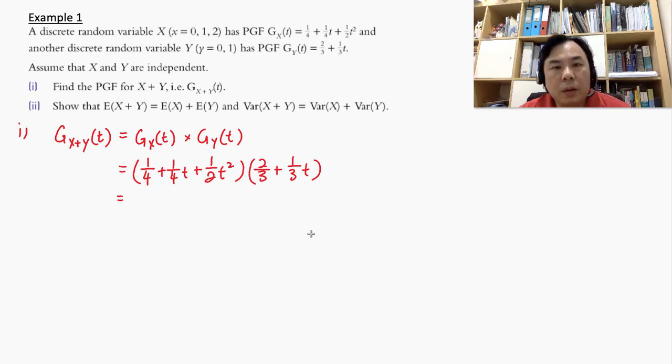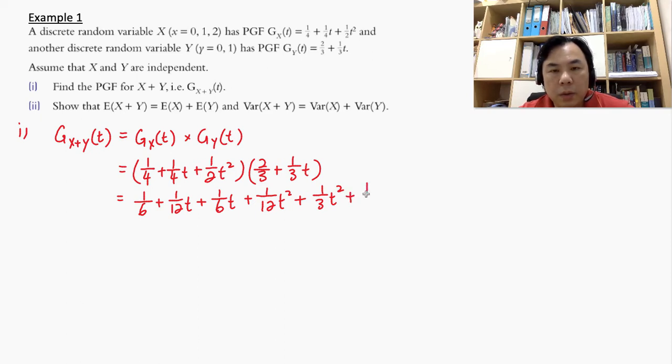Okay. Now, of course, you can do the expansion as you like. So if I expand it, what do I have? I have 1 over 12, then 1 over 6t, then after that 1 over 12t squared, and then after that 1/3 of t squared, and then finally 1/6 of t to the power 6 there.